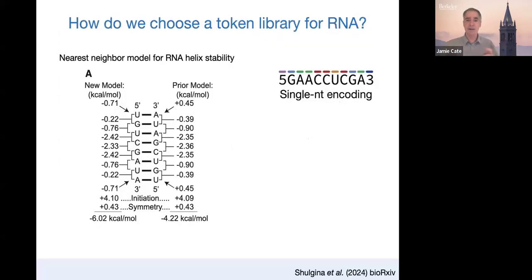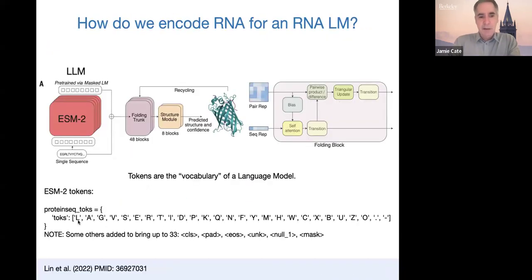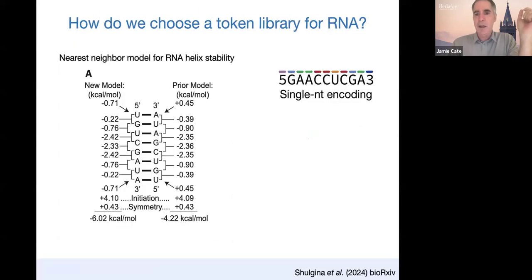So what we decided to do when we think about the encoding, I'm going to go back. When you take a protein sequence, you basically encode it into a token library like this, and then these are assigned vectors. What we decided to do with RNA, this is the 5' end of the RNA, was not to use the same kind of encoding that was used for proteins, where a single nucleotide gets a token.